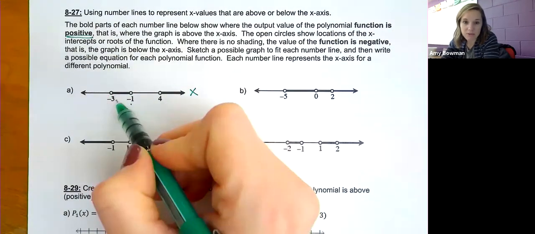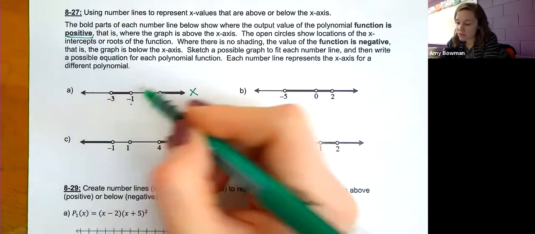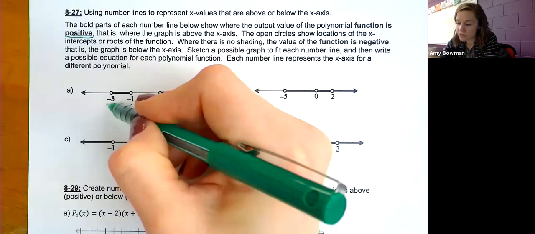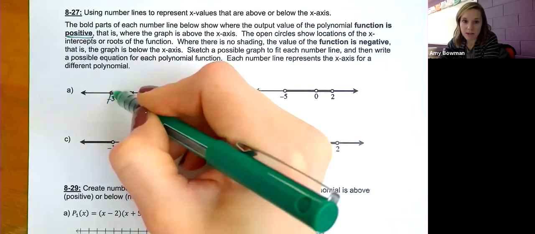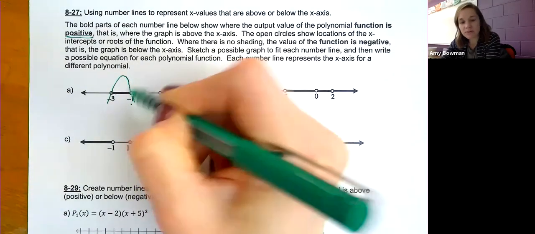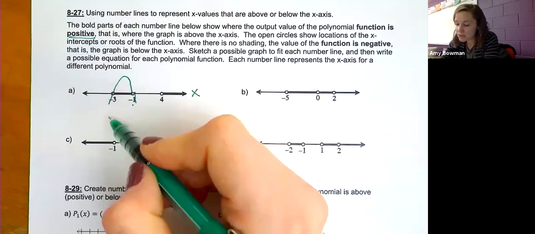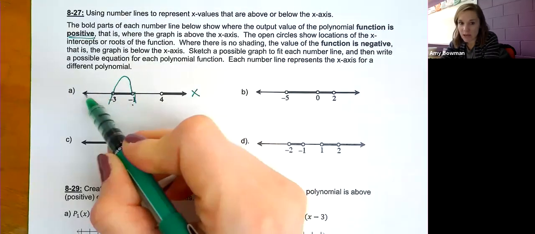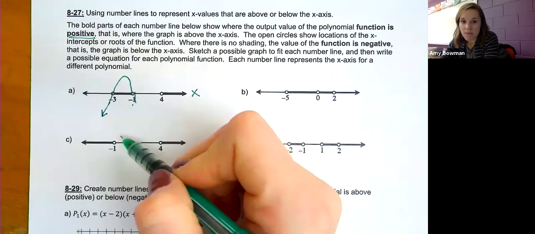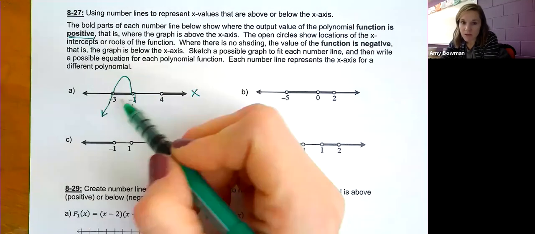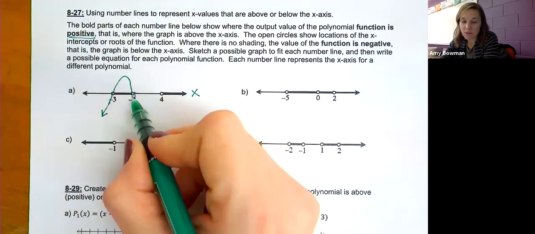So if -3 and -1 are x-intercepts, and it's bold between them, that means it's crossing through the x-axis there, and the function would be positive there. So I'm just sketching what these bold pieces of the number line mean. Since it's not bold before -3, that means it's going to continue in the negative direction infinitely. Between -1 and 4, it is not bold.